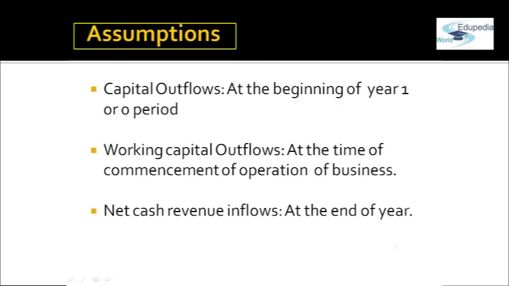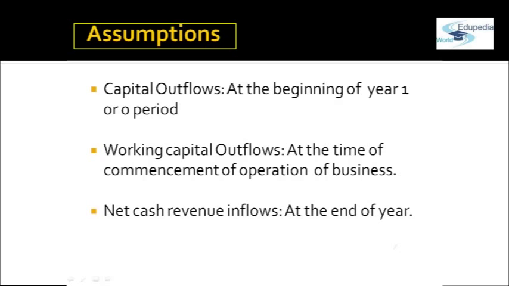As compared to that, for working capital outflows, it is assumed that whenever the company has commenced its operation, the working capital outflow commences from that date. So if a company has purchased the asset at 0 period and after 1 year, that is a gestation period, it started business operations, the working capital outflow will start after 1 year.